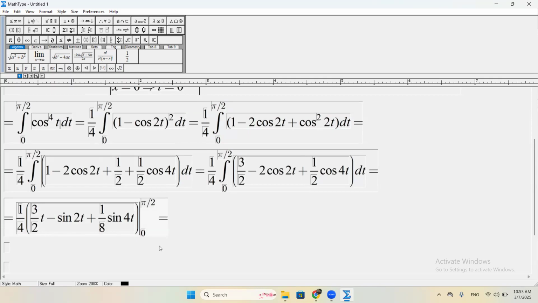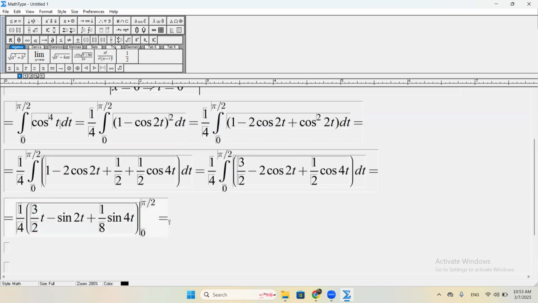Okay, so what do we have? So these sines will be 0, because sine of p, then sine of 2p, will be equal to 0. Sine of 0 is 0 as well. So what really matters to us is only this addend.